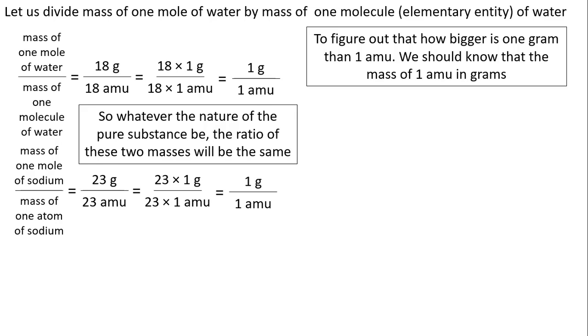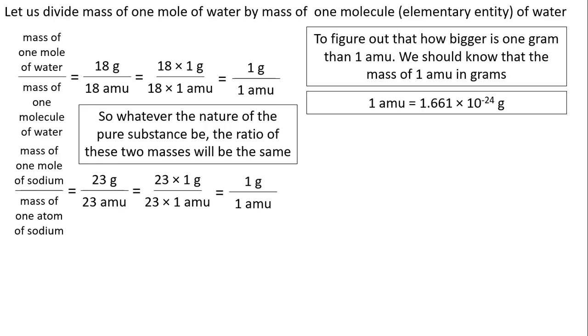We will talk about that in another video. But now with experiments, we know that 1 amu is equal to 1.661 times 10 to the power minus 24 grams. If we substitute the mass of 1 amu in the equation we found here, and divide 1 gram over 1 amu, we will find out how many amus there are in 1 gram, and we will finally find out how many elementary entities there are in 1 mole of a particular substance.